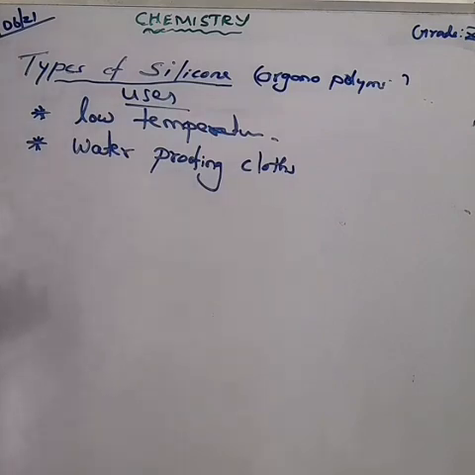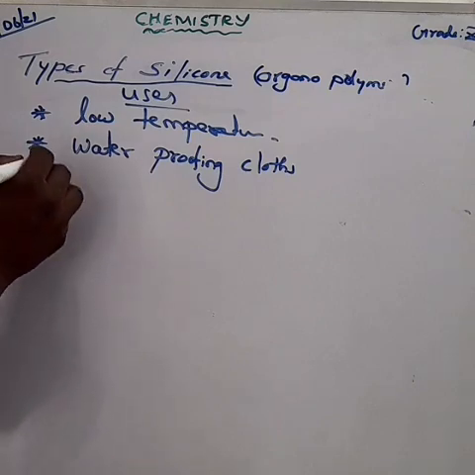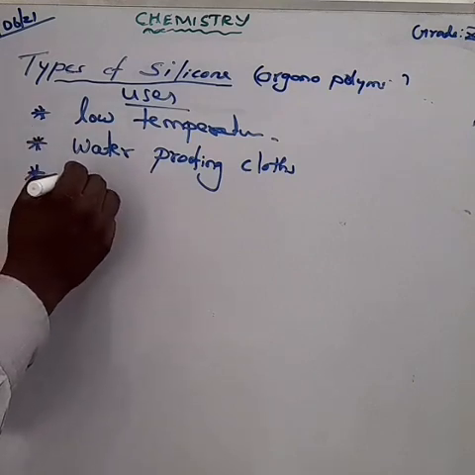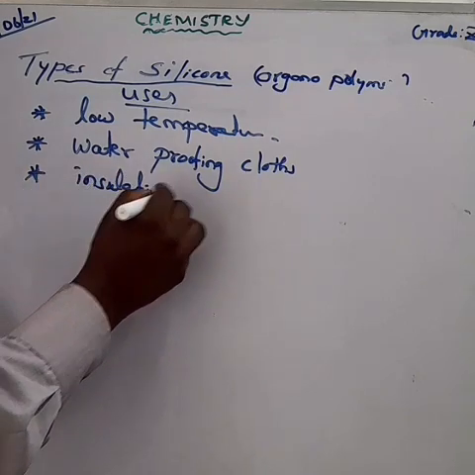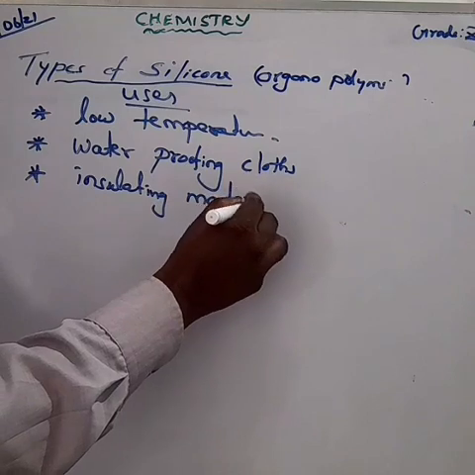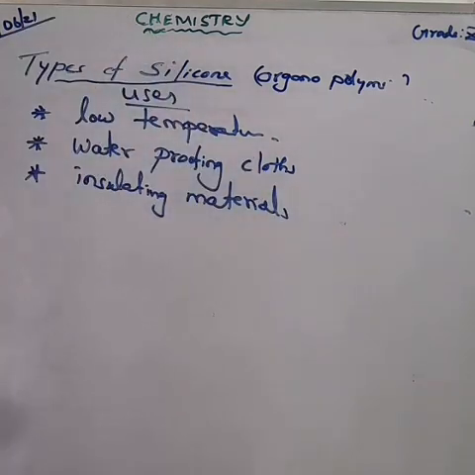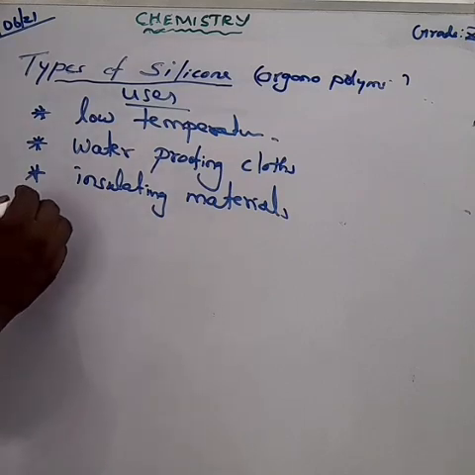Third, silicones are used as insulating materials in electric motors and other electric appliances. What's the reason? They are both thermal and electrical insulators.